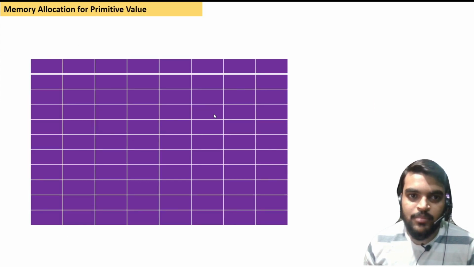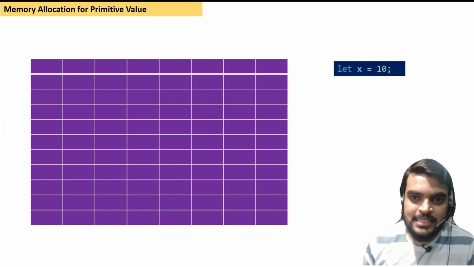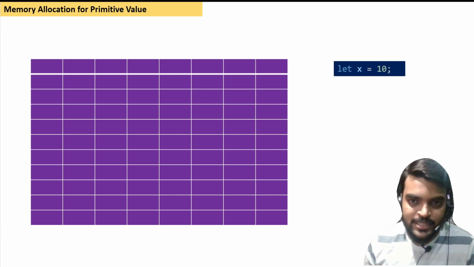Now let's talk about memory allocation for a primitive value or data type. Let's say I have x equal to 10, which is a number, that means a primitive data type. In order to store the value 10, first it will be converted to binary format, right? Because it's in decimal format and the computer only understands 0 and 1.